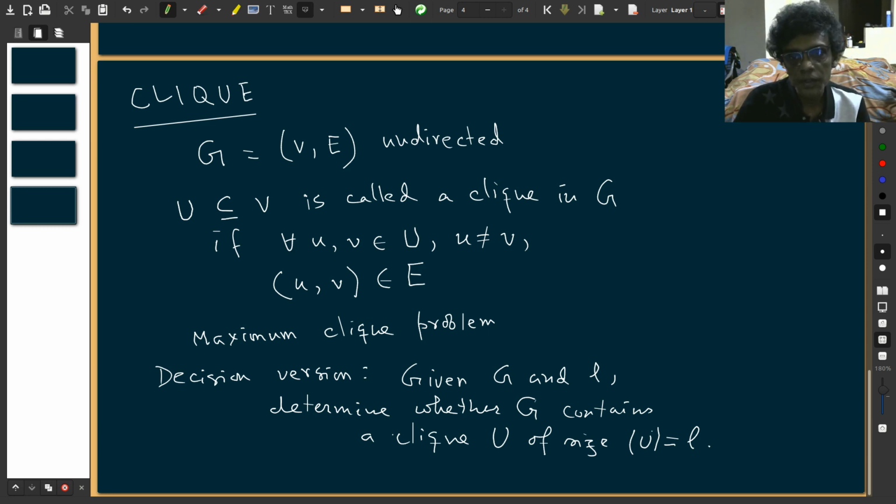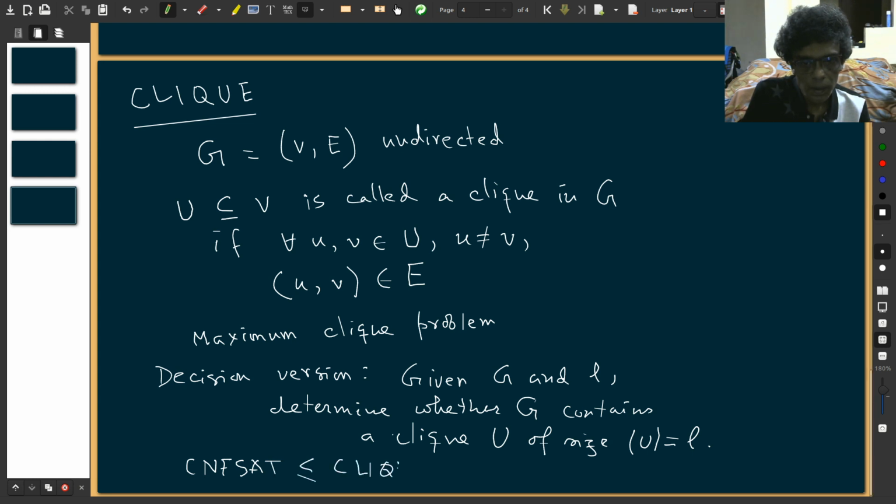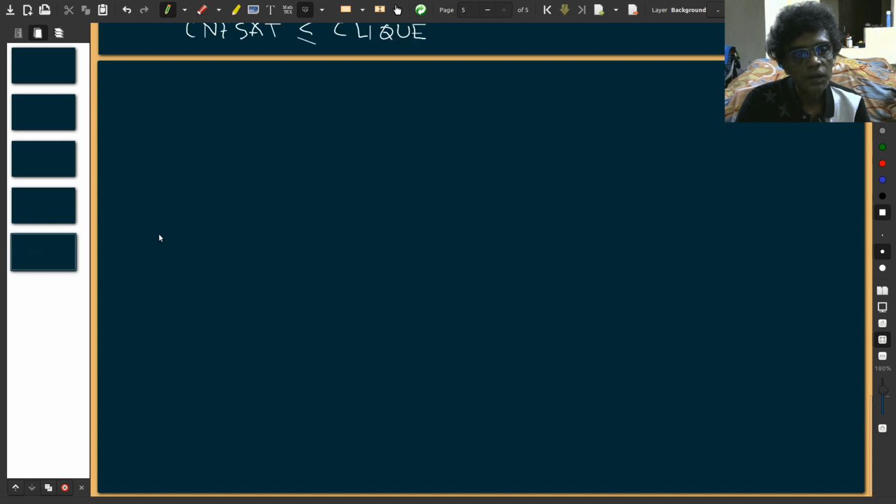Okay, so it's clearly in NP. Now, for proving NP hardness, I once again reduce from CNF sat.